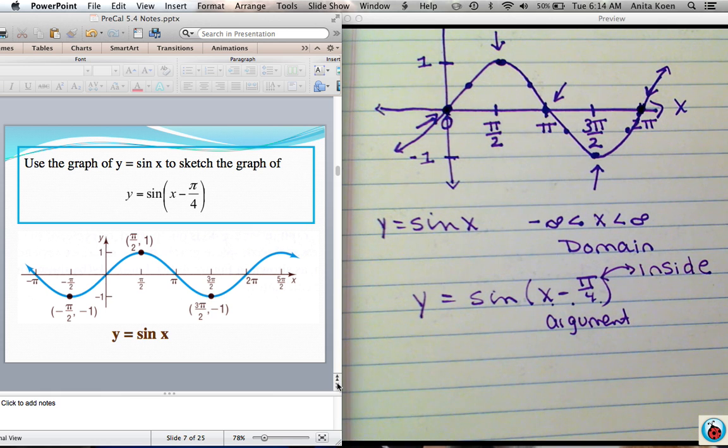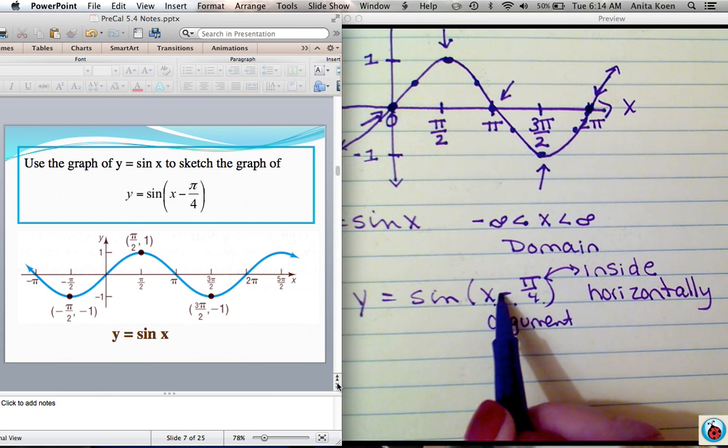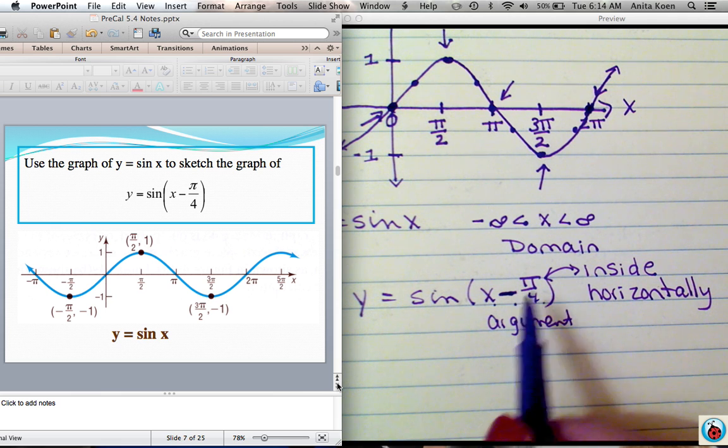And anything inside the function affects the function horizontally. Let me scoot that over. It affects the function horizontally. And remember, it always does the opposite of what you would expect.